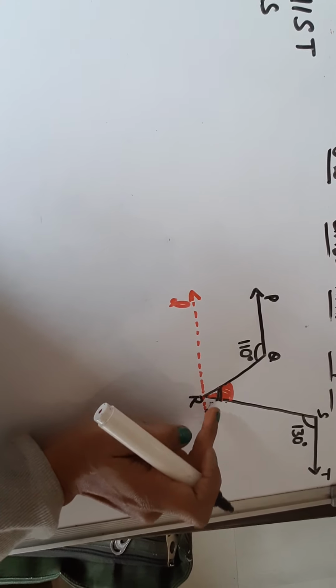To find this smaller angle, angle SRM, we can use these two parallel lines, because this angle and this angle are co-interior angles, both are interior angles on the same side of the transversal, so their sum will be 180 degrees. By subtracting 130 from 180 degrees, we'll get this angle as 50 degrees, right?